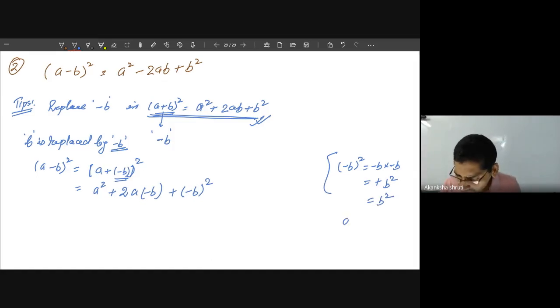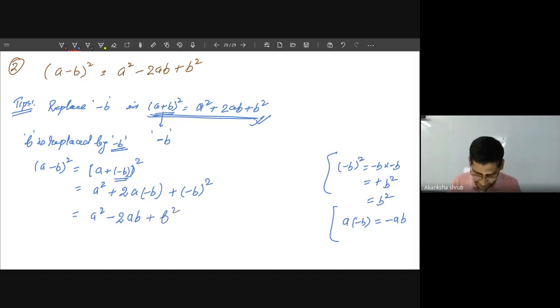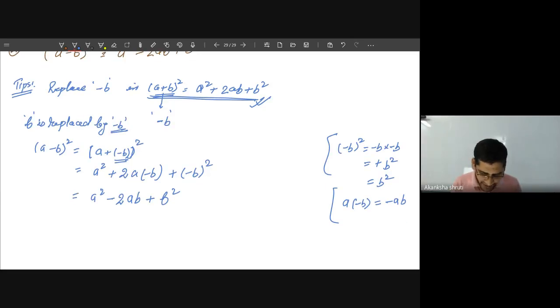But a into minus b means positive into negative, it is minus ab. So we have to use these two things. It is like a square, minus can be taken out, ab, this bracket can be removed while minus is taken out for this term. Now this becomes plus b square. So what is the identity?